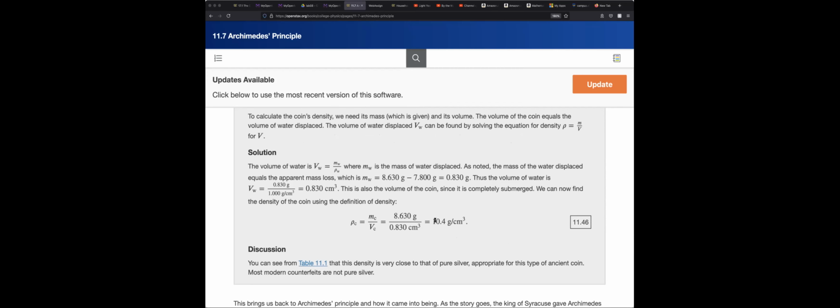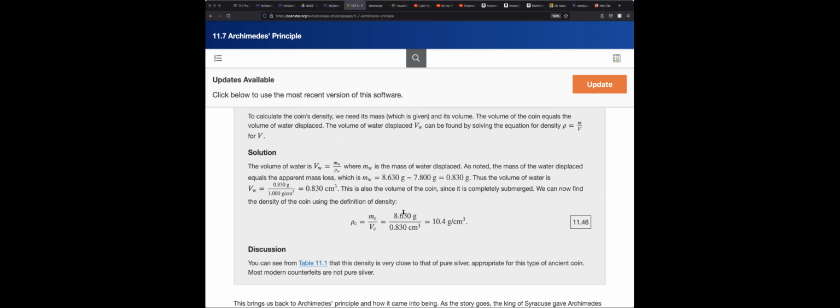If we found this to be closer to the density of gold, which is like 18, then we could say it's pure. But if it's not exactly the density of gold, then we can actually figure out how much silver was mixed in as well. If the density of gold is 19, I think, or something like that, grams per centimeter cubed, and it comes in at 18.1, well, that's enough difference to think that some silver was mixed in.